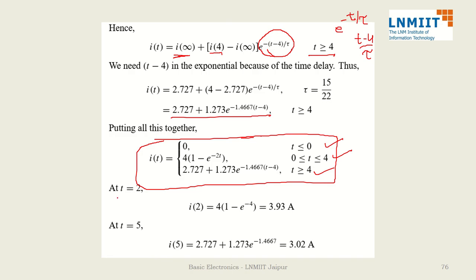Now if I ask you what is the current at t equal to 2 seconds, select this. If I say t equal to 5 seconds, select this. If I say t equal to minus 1 seconds, then select this. So this is how we do step response of RL circuits.